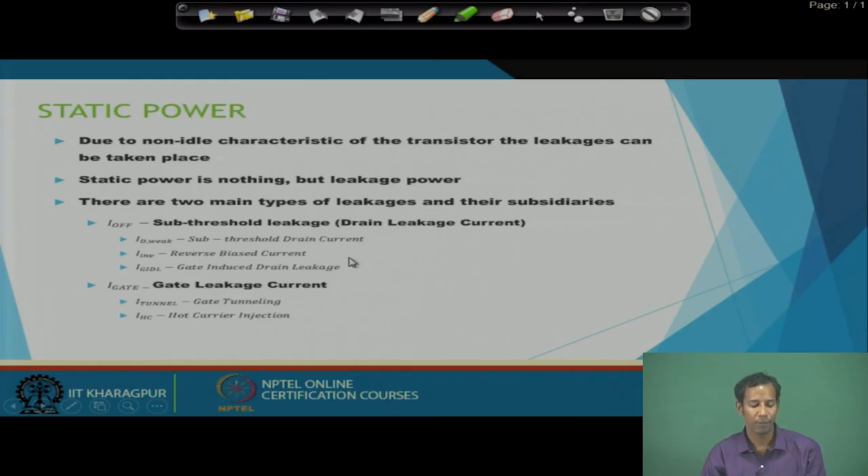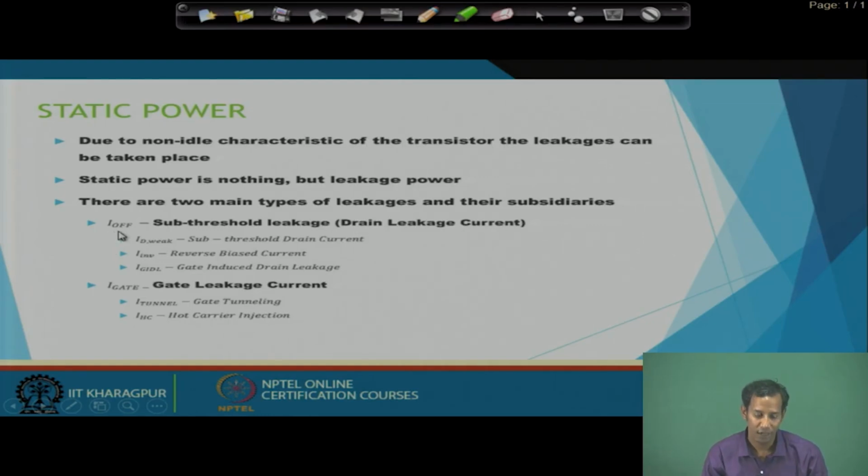Then the static power. Static power is consumed due to the non-ideal characteristics of the transistor, which lets leakage take place. Static power is nothing but leakage power, and there are two main types of leakage and their subsidiaries: I off and I gate.